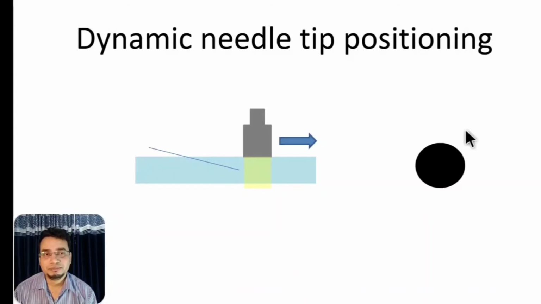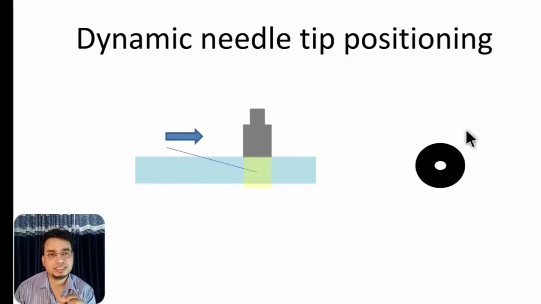We keep repeating this process 2 or 3 times, so that we ensure an adequate length of the needle shaft, about 2 to 4 millimeters, is inside the vein. Then we railroad the catheter over the needle and push the catheter inside the vein. So that is how we do it.